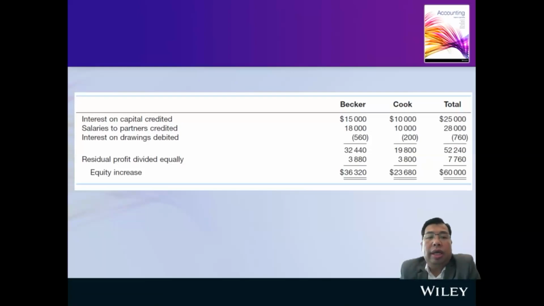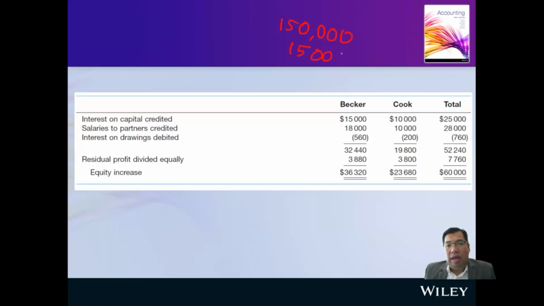So if you look here, interest on capital credit, salaries to partner credit, it will increase the capital or the retained profit. Interest on drawing debit. What does it mean? Interest on capital, you have 150,000, for example. This is your capital. I'm using method number one. Interest on capital means you get this 15,000 as a reward.